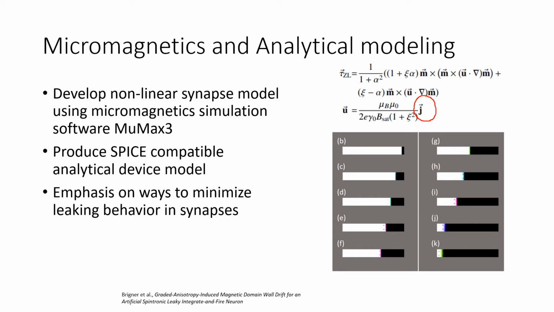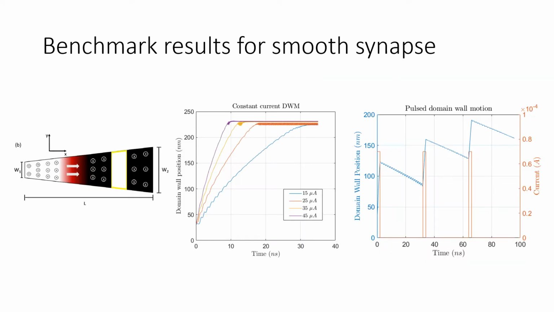After that, I want to produce a SPICE-compatible analytical device model, so I'll be using some one-dimensional analytical equations to do that. And then I also want to put emphasis on ways to minimize leaking behavior in synapses, which I'll describe more about later.